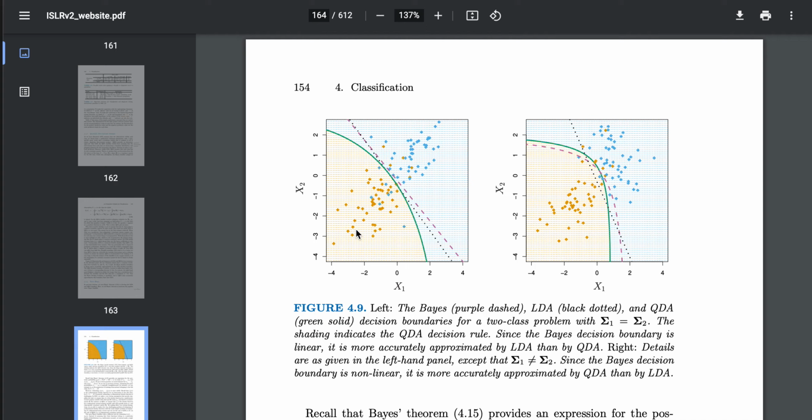So this is synthetic data, but the generating process is such that the covariances for both classes are the same. Only the means are different.